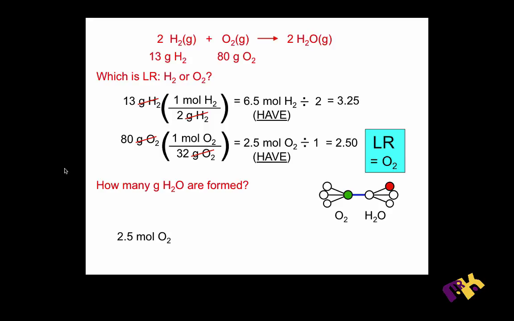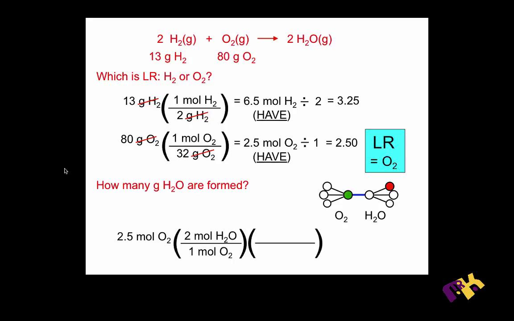Now, how do I convert from moles of oxygen to moles of water? I use the molar ratio from the balanced chemical equation. So what is the ratio of oxygen to water? It's a 1 to 2, or for every 1 mole of oxygen, we'll have 2 moles of water. So moles of oxygen have to be on the bottom because we want that unit to cancel.